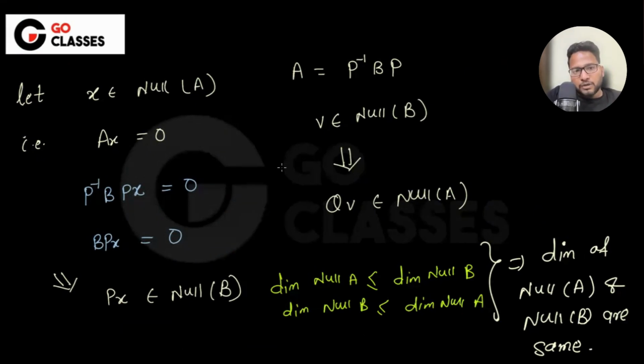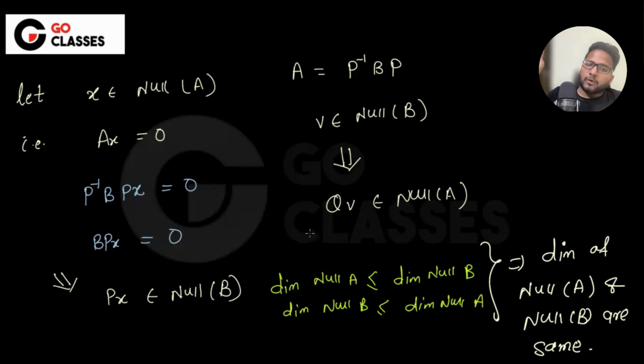I think Saurabh Sahu has given some other proof. Let's see. He's saying A and B have the same non-zero eigenvalues, right? Using this, we can say rank of AP... No, I don't think this is a 100% solid proof.